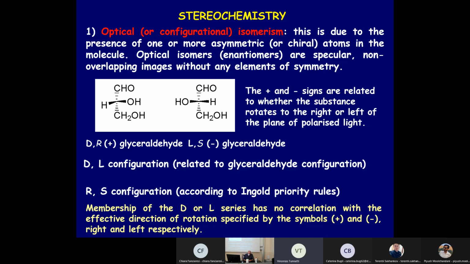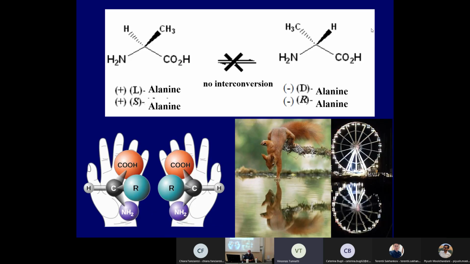The first isomerism that you know is the optical or configurational isomerism. You know perfectly that one molecule can exist in two forms, one is the mirror image of the other one.